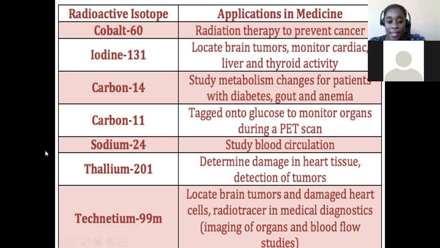Sodium 24 for blood circulation studies. Thallium 201 to determine the damage in heart tissue, detection of tumors. And we also use technetium 99m to locate brain tumors and damage heart cells. Radio tracer in medical diagnostics, that's the imaging of organs and blood flow studies.